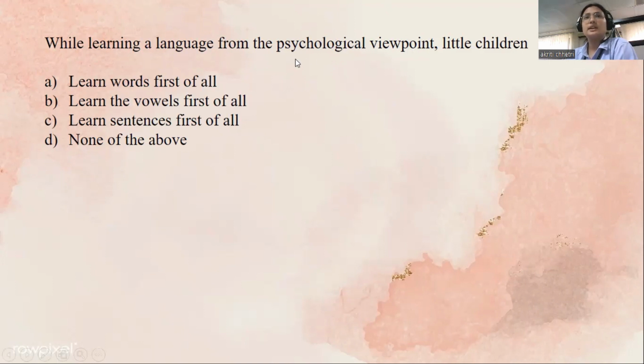Here it is specifically mentioned that according to the psychological viewpoint, the learning of a language of little children is learn sentences first of all. The correct option is learn sentences first of all.